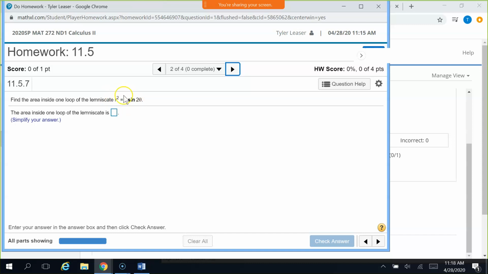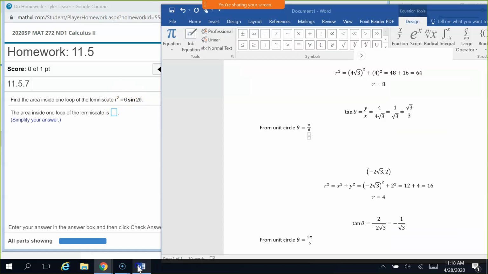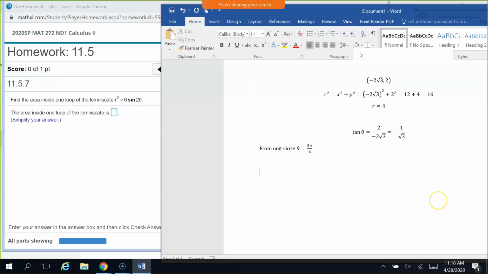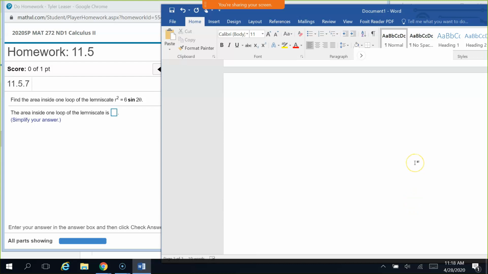Just like with normal equations, if it's a squared, you're going to have to take the square root and do the positive and the negative. But in your calculator, anytime you want to graph a polar equation, you have to change the mode. Do you have a calculator there with you? Yeah, I'll get it. Okay. So you want to change the mode to polar form.